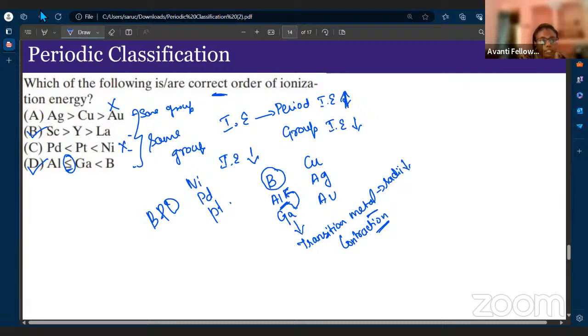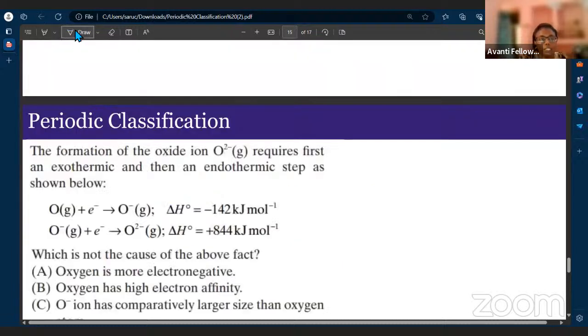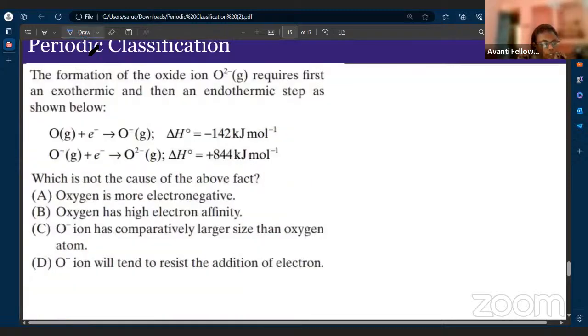Then the next question: the formation of oxide ion requires first an exothermic and then an endothermic step as shown below. Which is not the cause of the above fact? What they have given is that the first step is exothermic and the second step is endothermic. What is not the cause of the above fact?